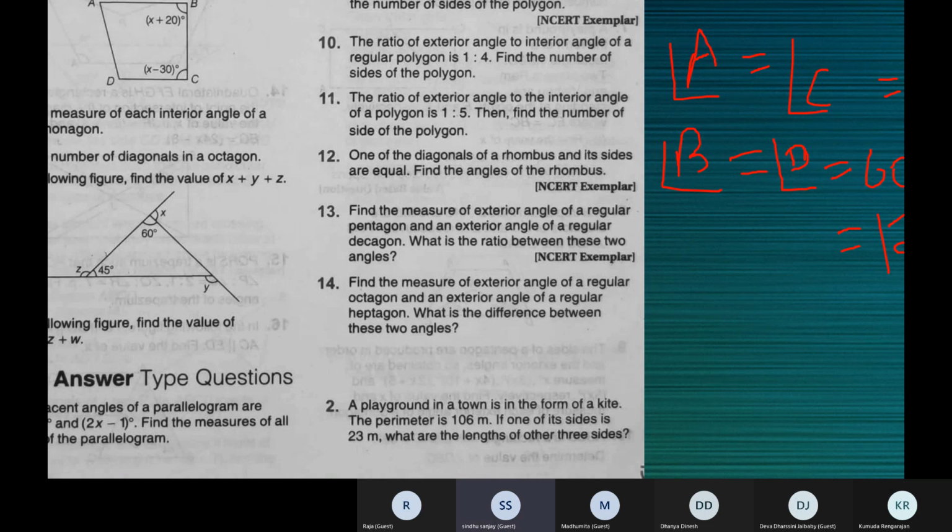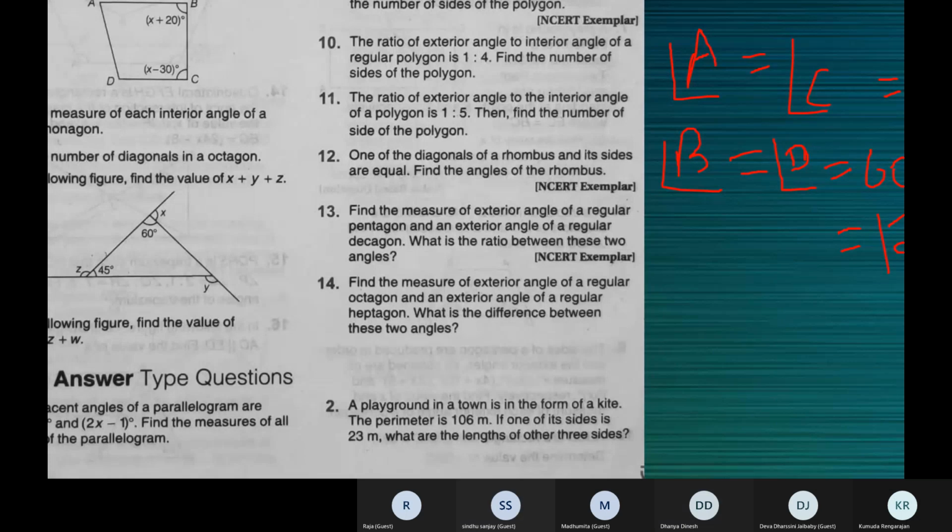Ma'am, 83.5 is the answer, ma'am. What is the measure of each exterior angle of a regular octagon? 45 degrees, ma'am. And heptagon? 51.4 degrees, ma'am.